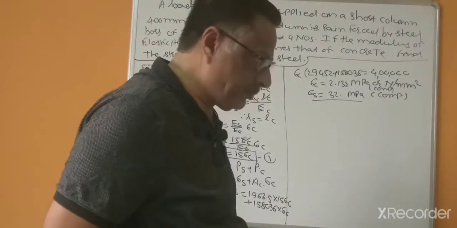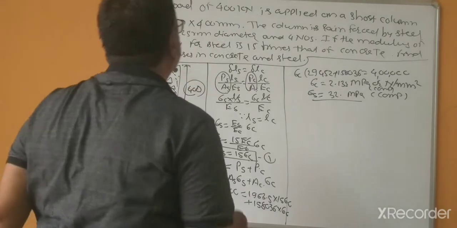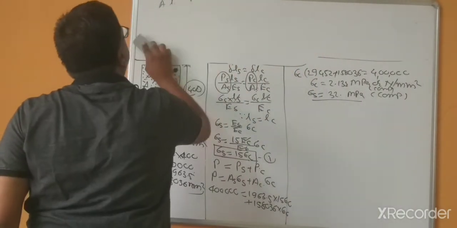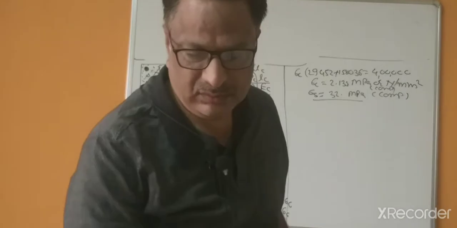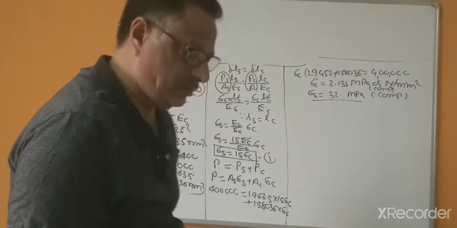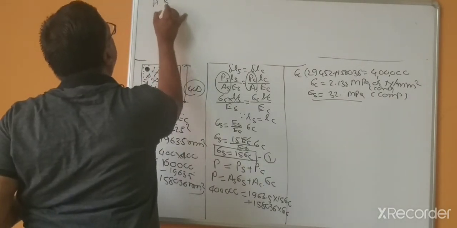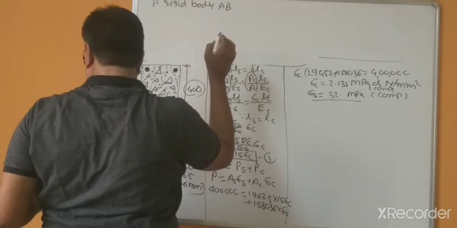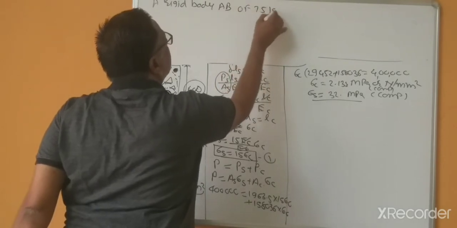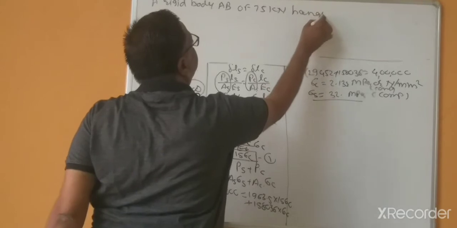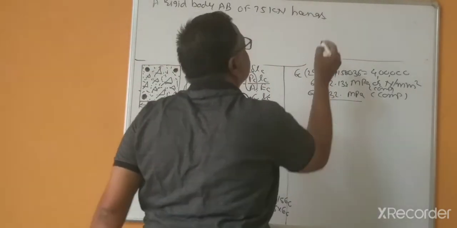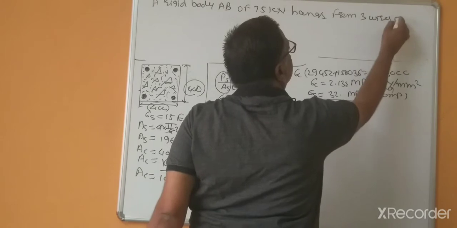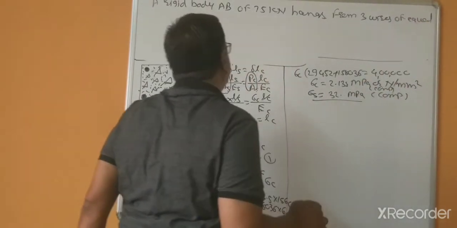Now the next problem. A rigid body AB of 75 kilonewtons hangs from three wires of equal length.